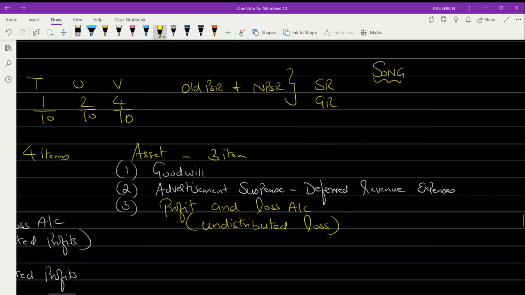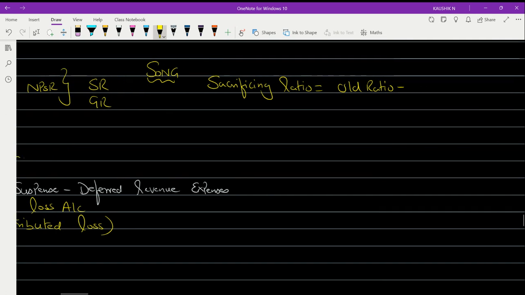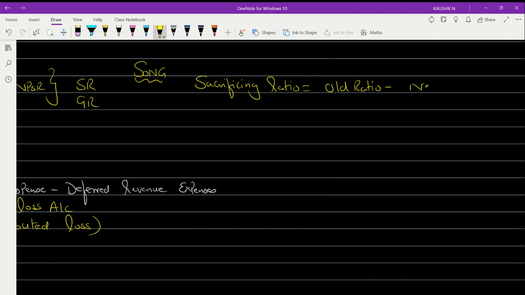Using this, you find out the sacrifice or gain. So the formula will be: sacrificing ratio is equal to old ratio minus new ratio.